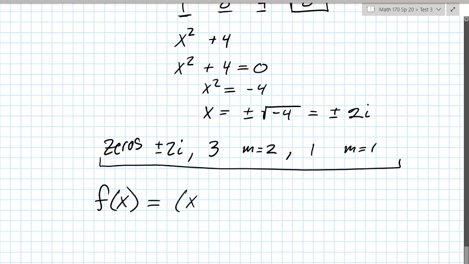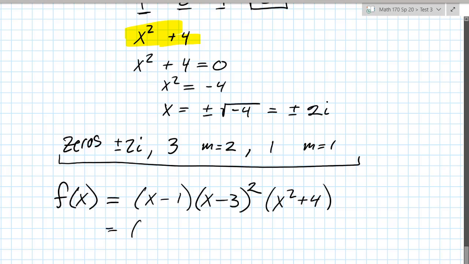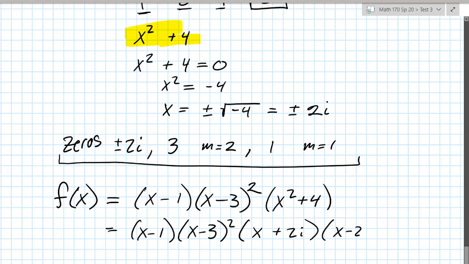we've got an x minus 1, we've got an x minus 3 squared, and then depending on whether or not we want to factor with imaginary numbers or not, then we can either say, hey, we've got that left and write it as x squared plus 4, or we can break that down and write it as x plus 2i, x minus 2i.